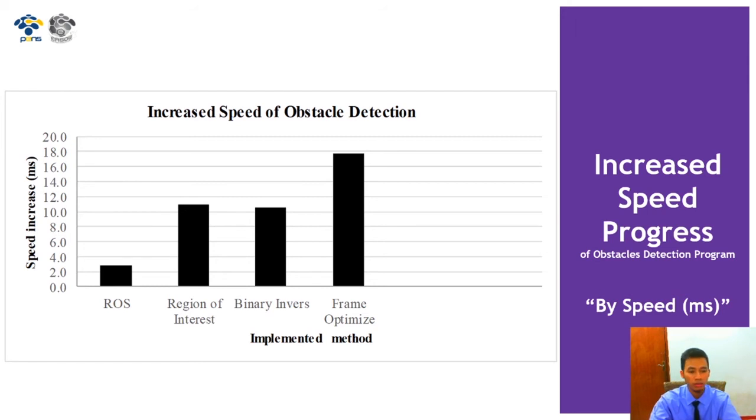Rows take around 3 milliseconds, and region of interest is 11 milliseconds. And I implement binary inverse to invert the color of the obstacle. It takes around 10 or 11 milliseconds. And the highest is optimizing the frame. It takes around 17 or maybe 18 milliseconds.